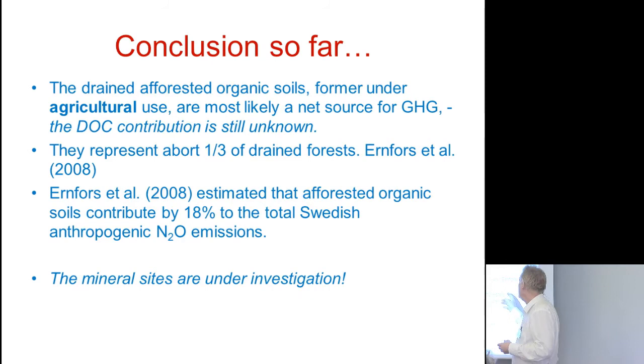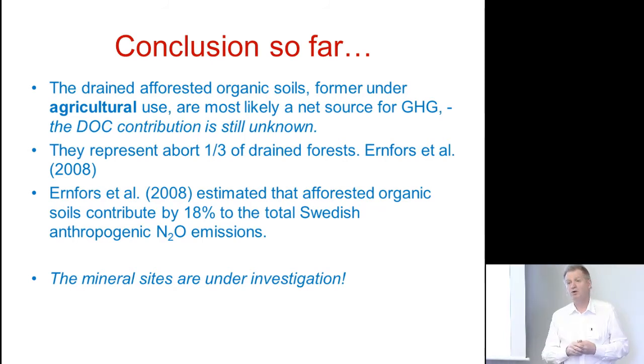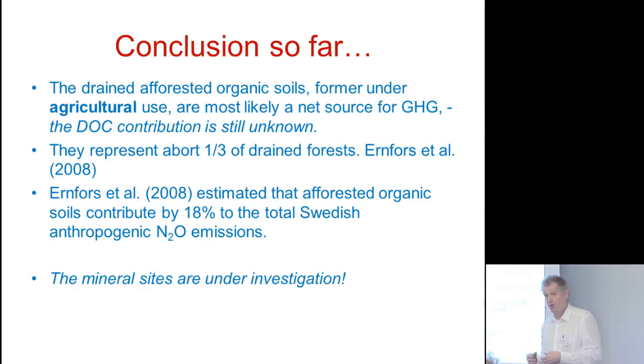And if we would look at the N2O emission from these soils, they contribute to nearly 20% of the total anthropogenic emissions. The rest is mainly coming from the agriculture sector. So a way of taking these organic agricultural soils out and reforest it is definitely not the way.